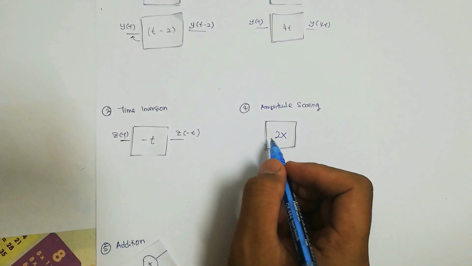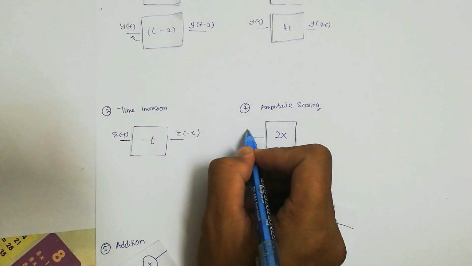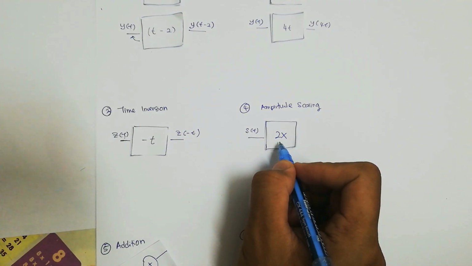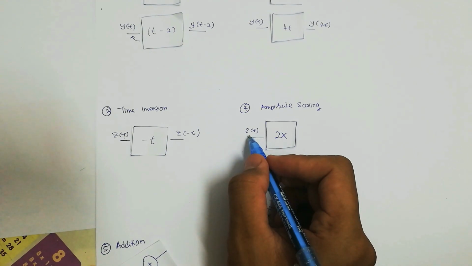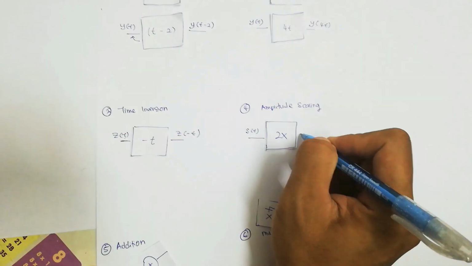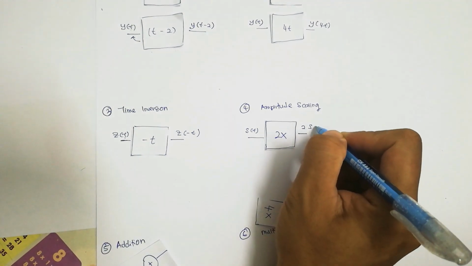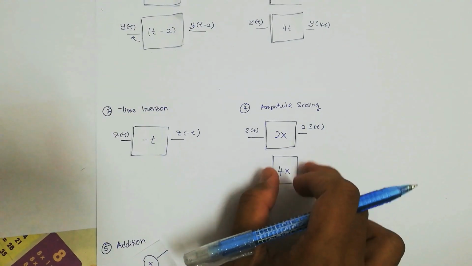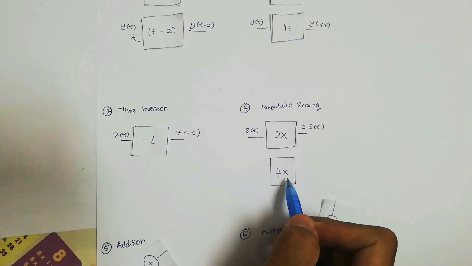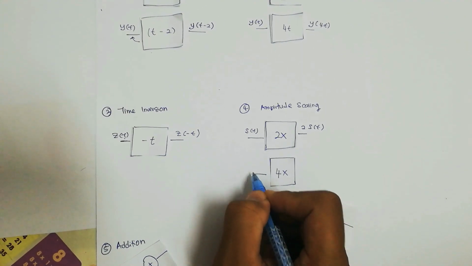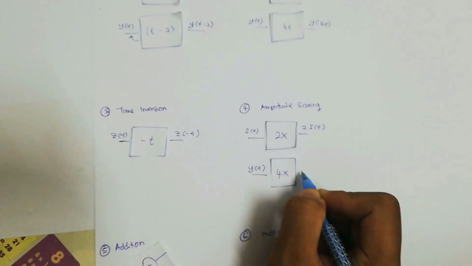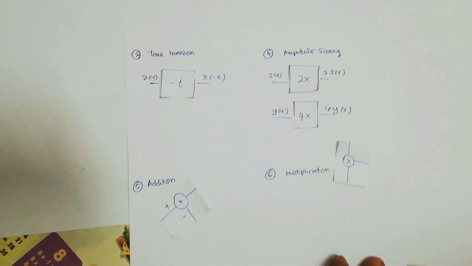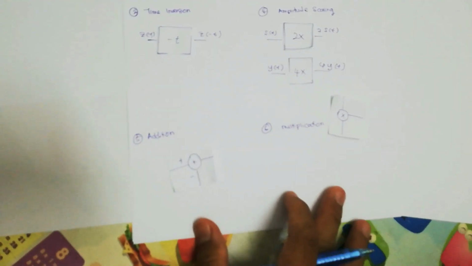For example, if you have signal s(t) and you multiply the amplitude of the signal by 2, your output will become 2s(t). The same goes for our 4-times amplitude scaling system: if you have y(t), your output will become 4y(t).